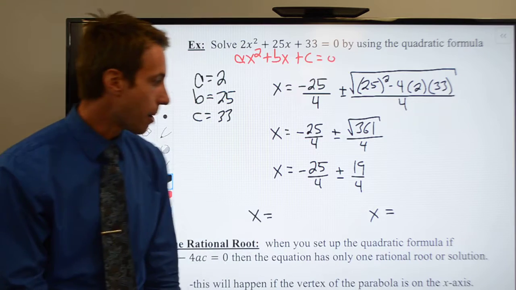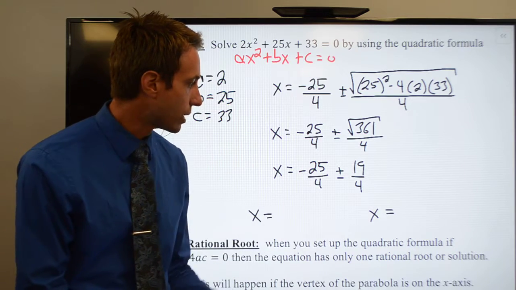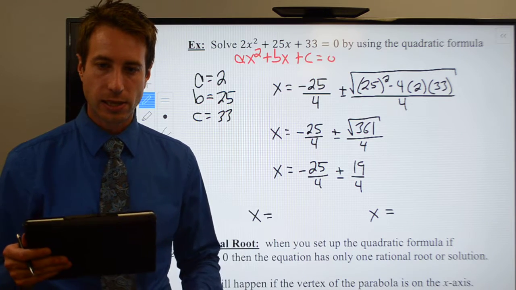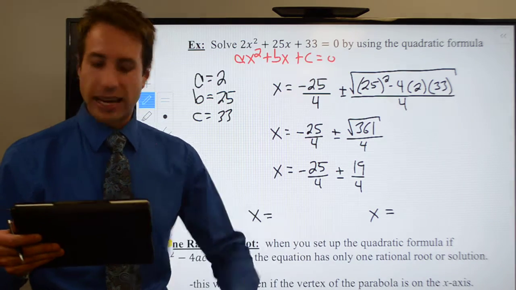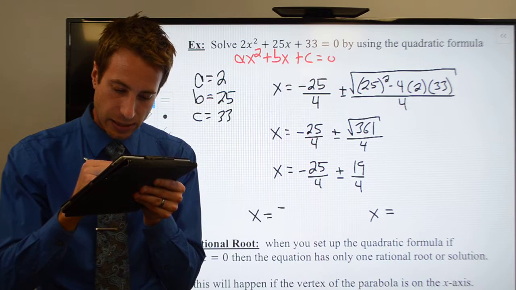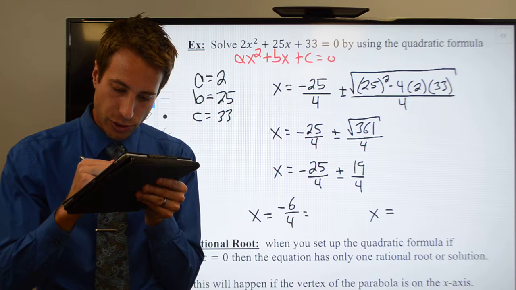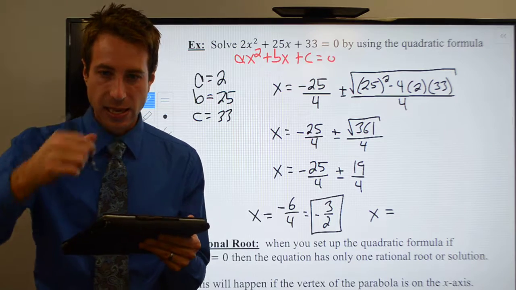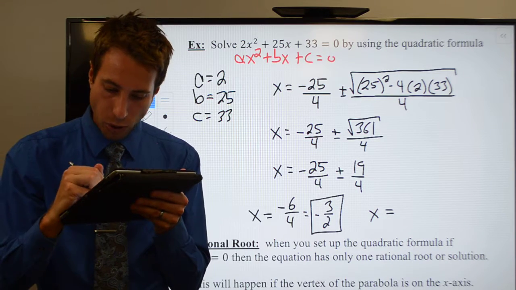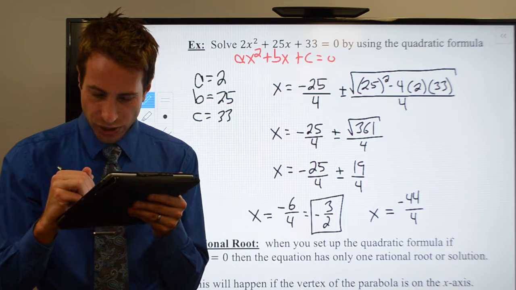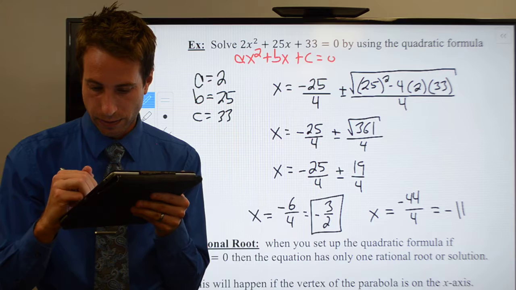Since I have common denominators, negative 25 plus 19 would be a negative 6 over 4, which is going to reduce to negative 3/2. And then I would have a negative 25 minus 19, which would be a negative 44, divided by 4, which is going to come out to a negative 11.